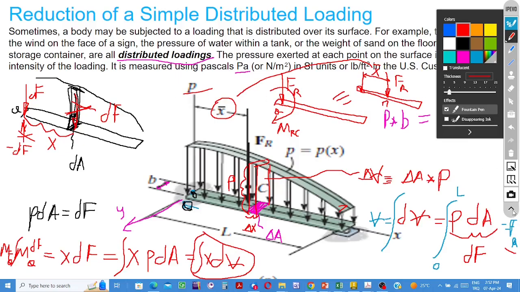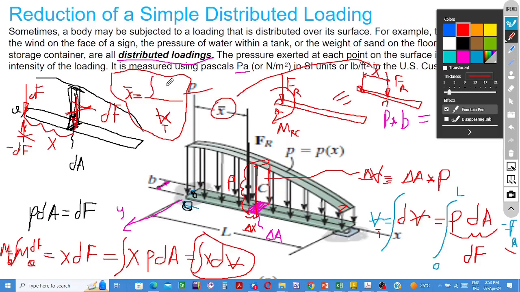Then, in finding the value x, let me use this part to write an expression. x is equal to x bar, which is equal to the integral of x times the volume element, divided by the total volume under the load curve, which is equal to the magnitude of the resultant force.